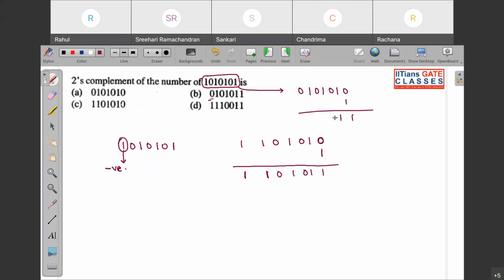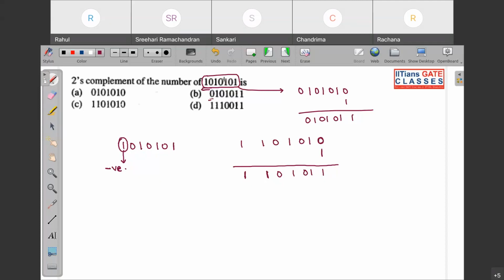So this is 1 1 0 1 0 1 0. You can see you are getting this number, but this is actually wrong. You should never complement the sign bit. Understood?